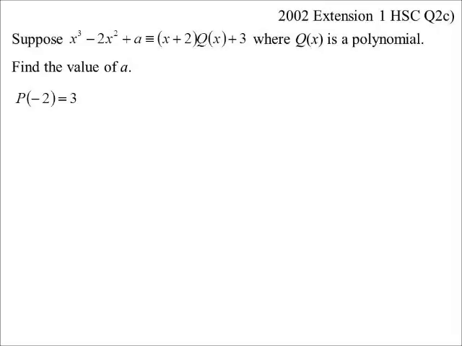So polynomial negative 2 will end up being 3. Another way of looking at that: the remainder is 3 when I divide by x plus 2, so using the remainder theorem. Either way, sub in negative 2 and we get 3, and a is 19.